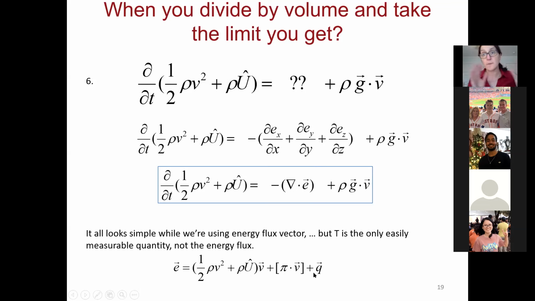Now, if you recall momentum transfer, we had a divergence of phi, which was combined momentum. So it's an analogous expression. It's just that the combined momentum was a little more complex because we had differences in velocity, which is a vector field, and here we're tracking differences in temperature, which is a scalar field. So that was also a divergence, and that was a vector equation. This is a scalar equation.